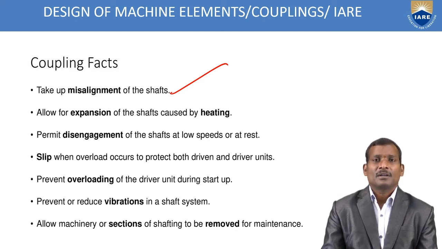Wherever misaligned shafts are present, there you may use a flexible coupling. Wherever you want to join two shafts perfectly aligned with their axis, there you can use rigid couplings like the flange coupling.